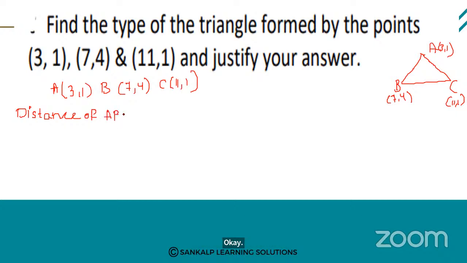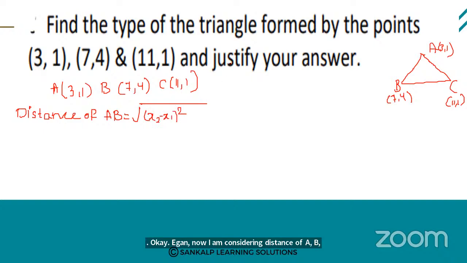Now I am considering distance of AB, put the distance formula: square root of x2 minus x1 square plus y2 minus y1 square. It may come for 2 or 3 marks. Now only consider A and B.